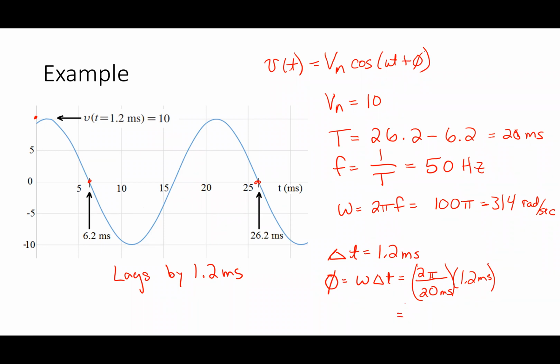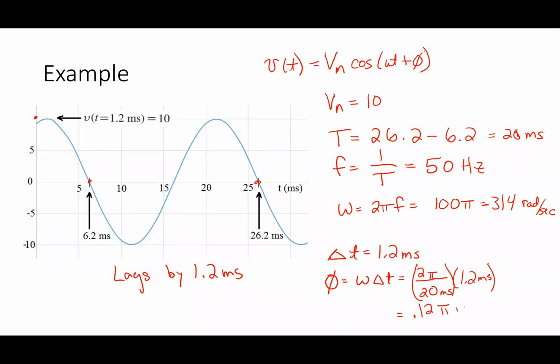Now, I didn't write down what that number is in radians. I probably should just do that calculation real quick on the fly so I have it. What is it? 0.12 pi.